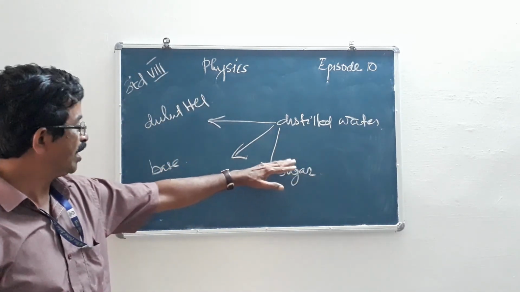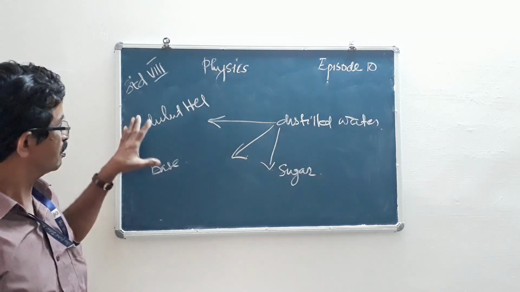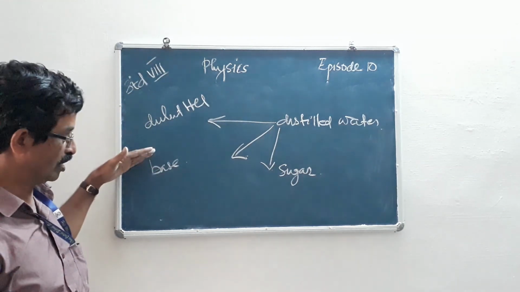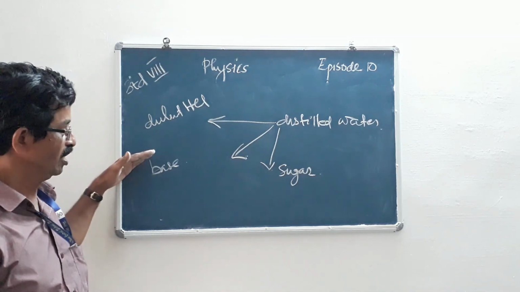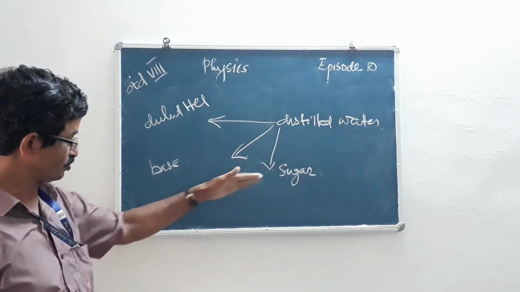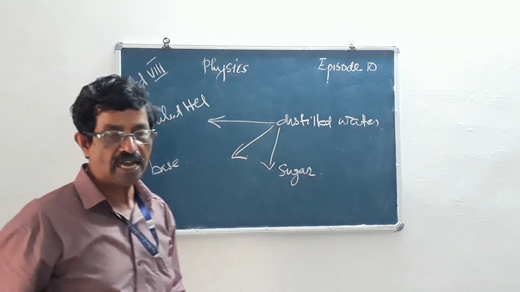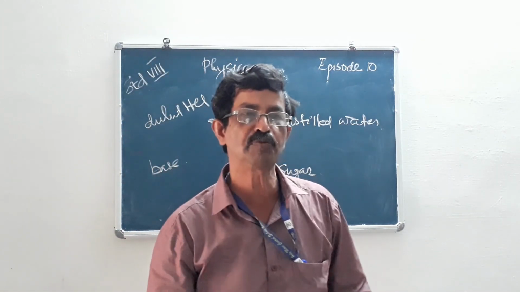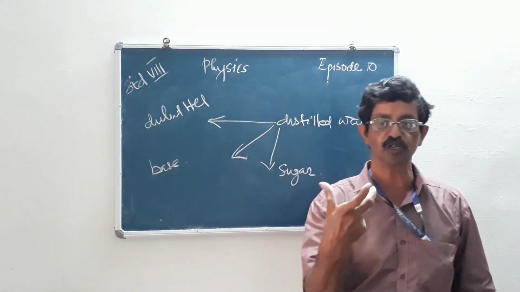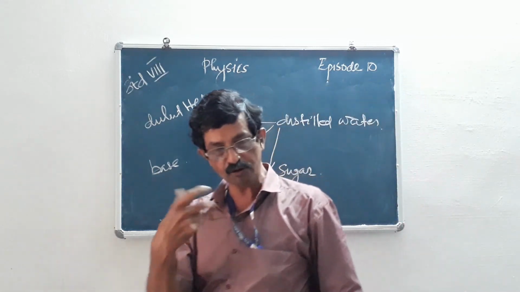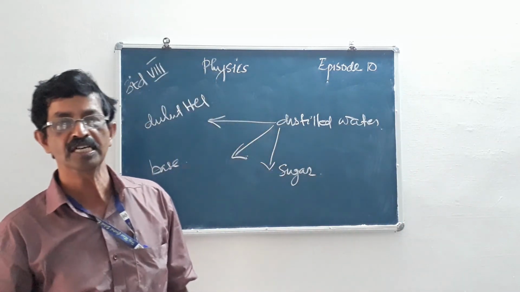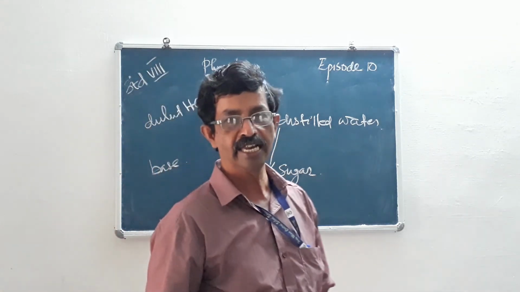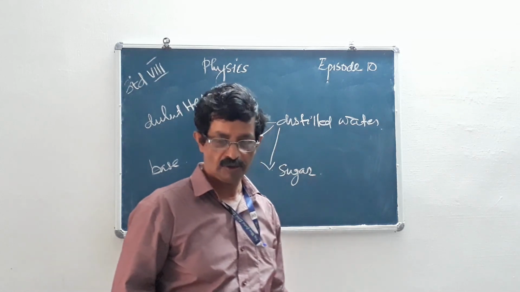So we observe that the distilled water with the hydrochloric acid and with the base are conducting, but the distilled water in which we added sugar is not conducting. That means from this we can understand that most of the liquids, solutions, salt solutions, etc. can conduct electricity. Okay.